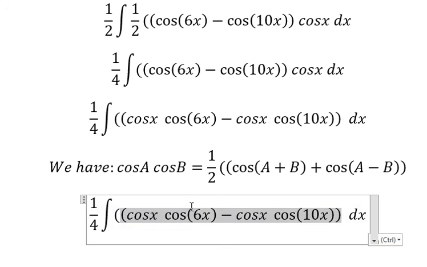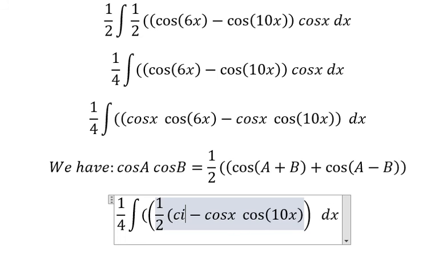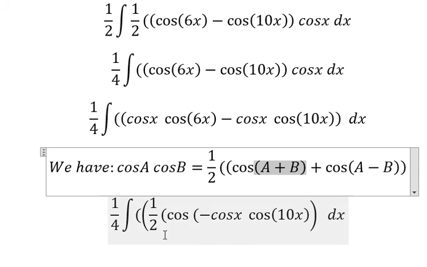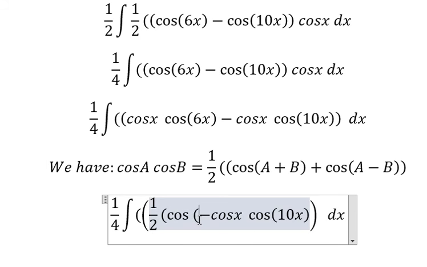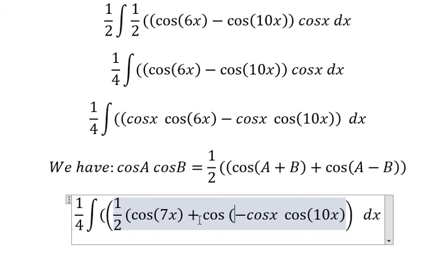So for this one, we will have 1 over 2, and we have cos of x plus 6x from here, that is 7x, plus cos of x minus 6x, you get negative 5x.